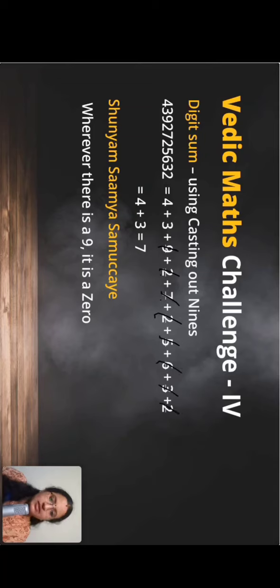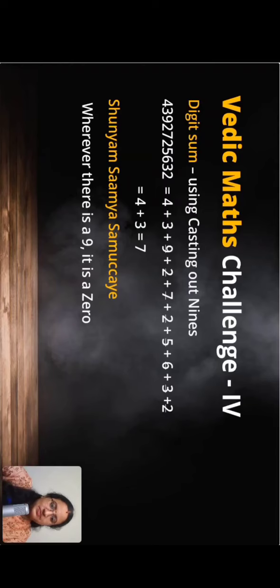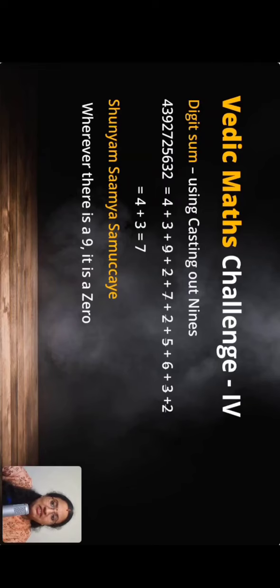All the 9s are cast out, and what remains is only 4 plus 3, which is 7. 7 is the digit sum of the entire number, without adding all the digits, which will take time and where we might make a mistake. We have now ended up doing 4 plus 3, which is 7. Right? So let's give it a try for more digit sum questions. Then I'll tell you why we do this also.